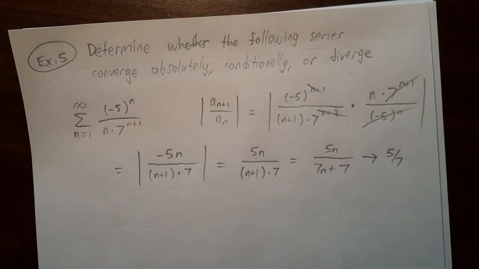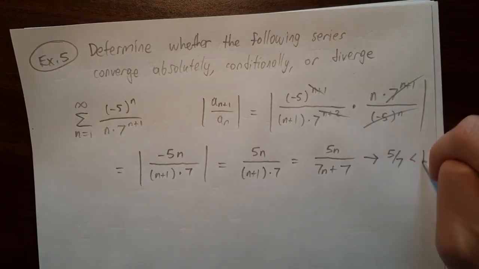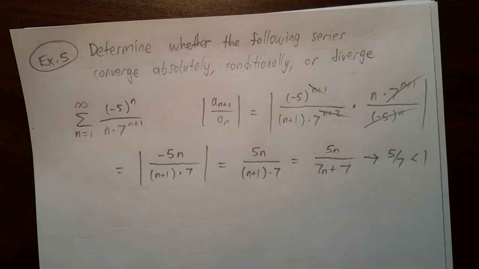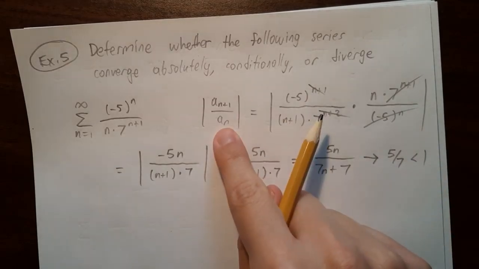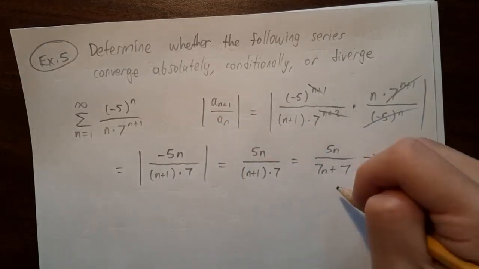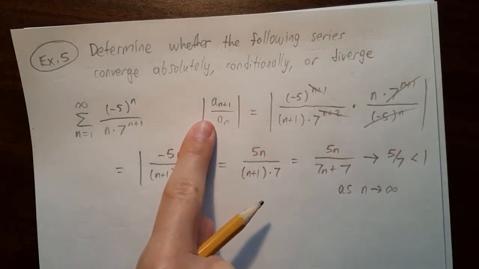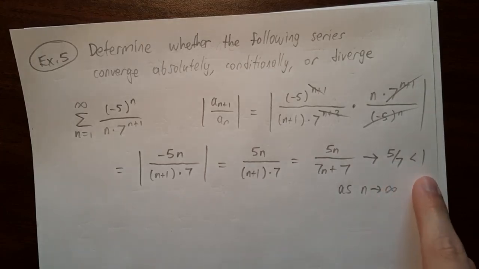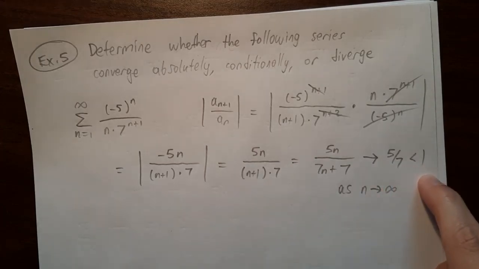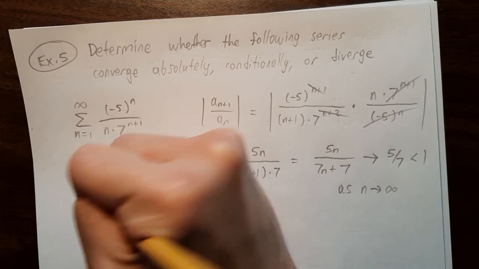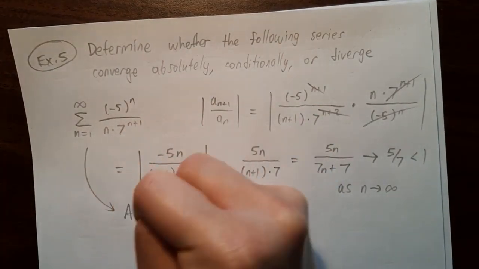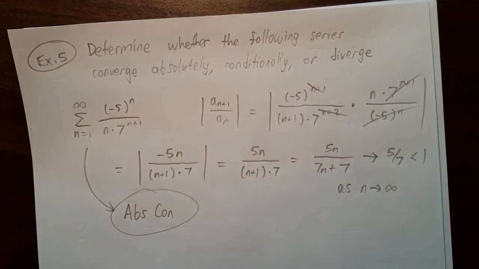All right, so what does that tell us? The critical thing about 5/7 is it is a number that is less than 1. And so according to the ratio test, if you take the limit of this thing as n goes to infinity, I guess I should have said that, take the limit as n goes to infinity, and you get something, anything, that is less than 1, then the original series you started with is absolutely convergent, hands down.